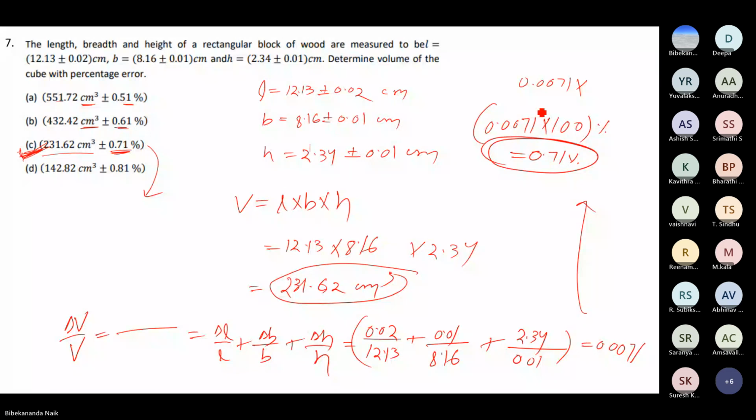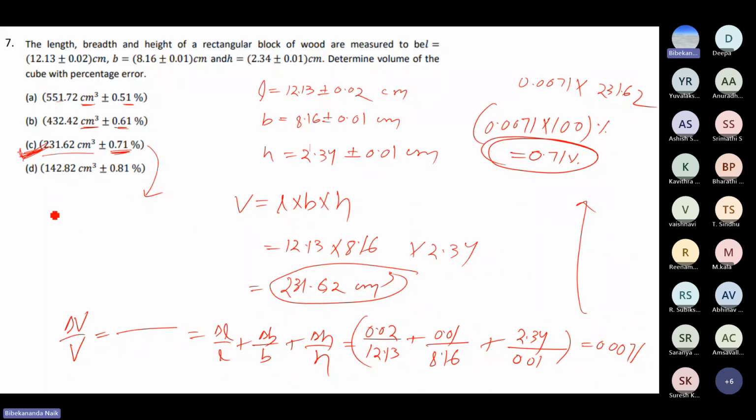0.0071 into this V. V is how much? 231.62. So when you multiply these two numbers, 1.644.